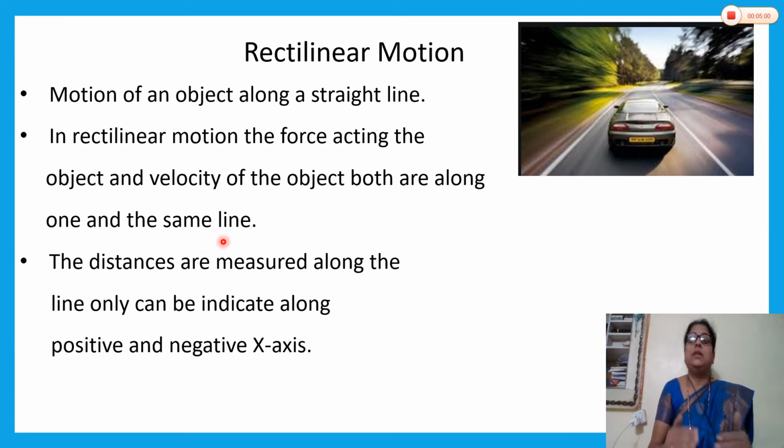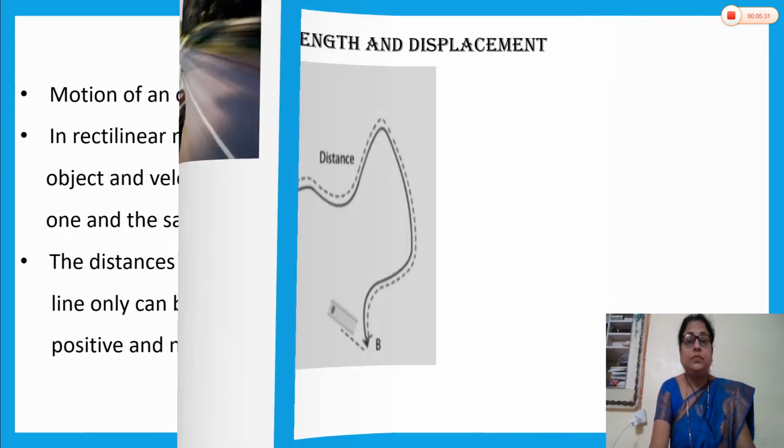That means the direction of force and direction of velocity are the same, and the distances are measured along the x-axis, positive and negative x-axis. That is one-dimensional motion. This is rectilinear motion. We can give many more examples, such as the motion of all vehicles moving along a straight line path in the forward direction. We can call it rectilinear motion.